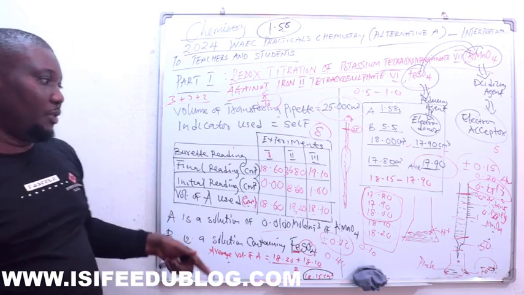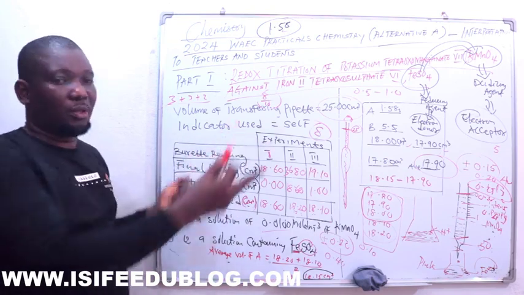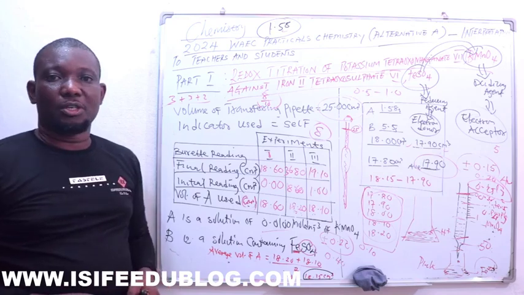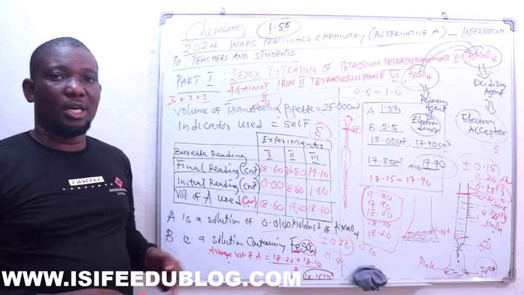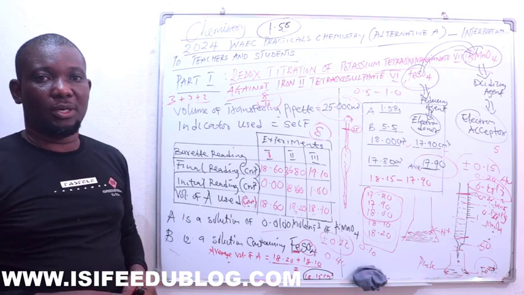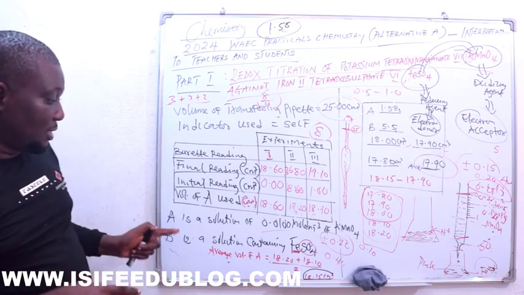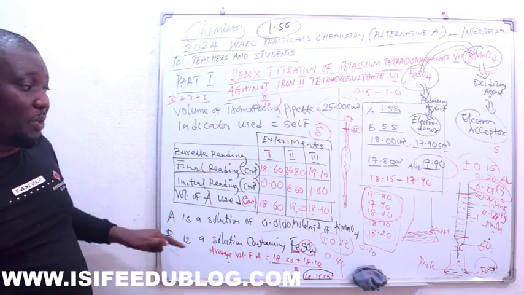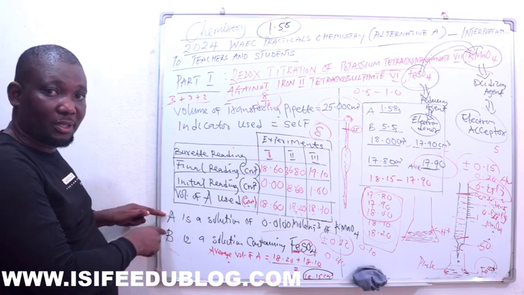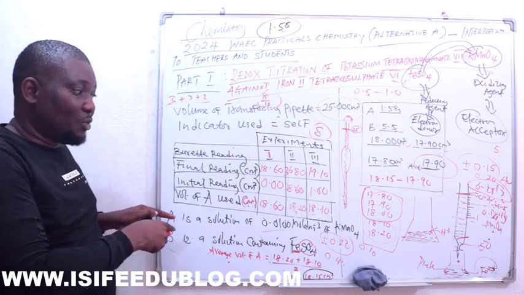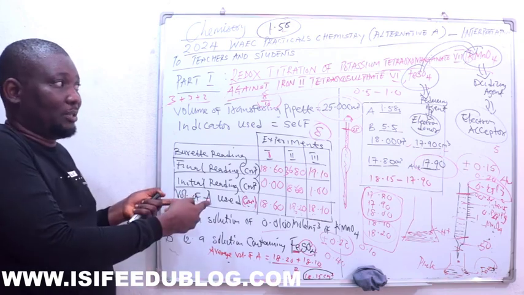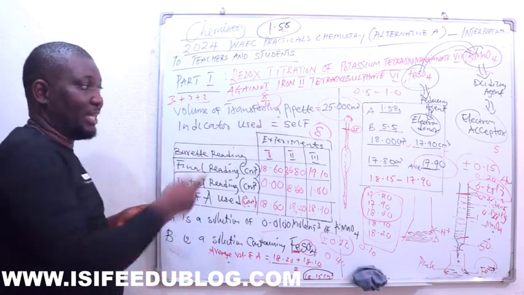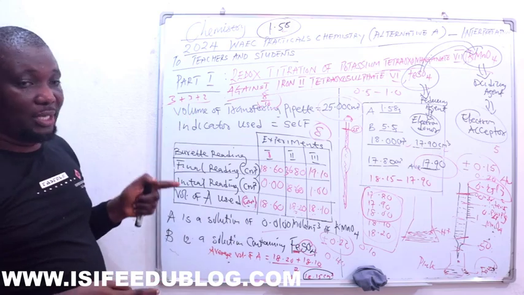You can pause these videos and go back to all of this that you have just seen. So we can go to section B of this, which is going to be the calculation, bearing in mind that this is also given. From the information they gave us, we are able to tabulate our correct reading, state the volume of the pipette that we use, and explain why this is the self or oxidizing agent.